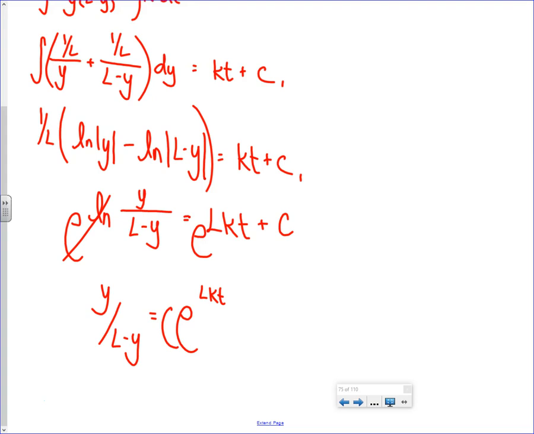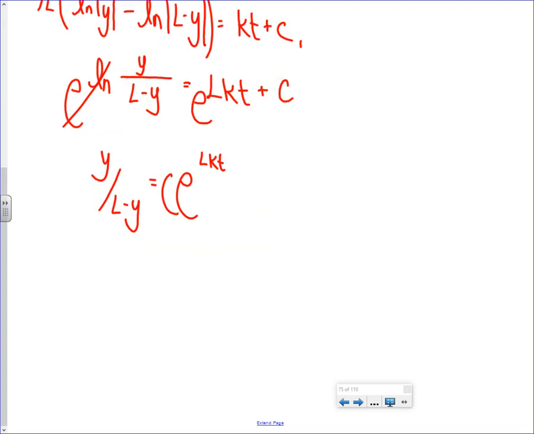Are you guys tracking if I divide both, or multiply both sides? I have to somehow break this up. So y equals, I can distribute, it'd be L C e to the L k t. What happened with y? Hold on, sorry.